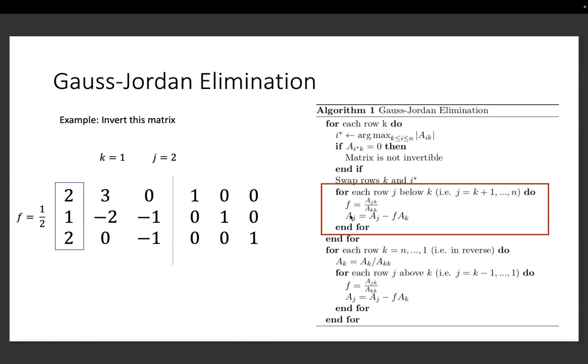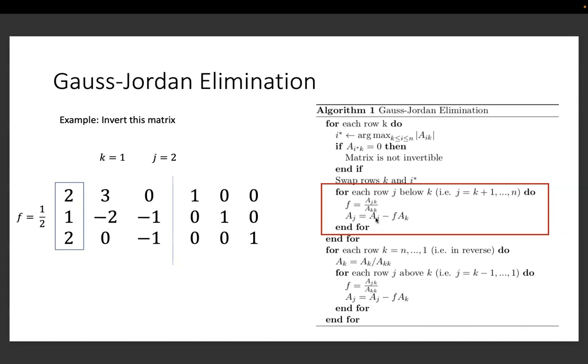In the next line, we multiply a k, which is the first row, by the scale factor that we computed here, which is 1 divided by 2.